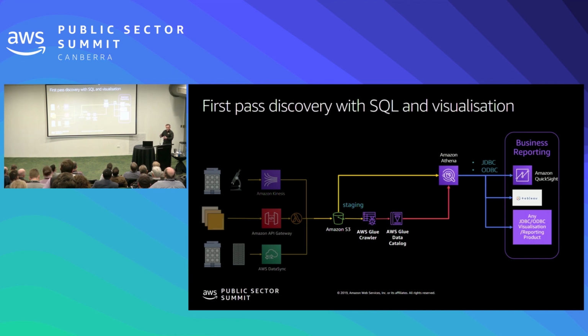So from the point of view of a tool like Tableau, Qlik Sense, Power BI or QuickSight, it just looks like a regular old relational database engine like Oracle or SQL Server. So it means we can leverage our existing business reporting tools and existing skills in those tools, but actually run the whole data lake off a non-relational engine.